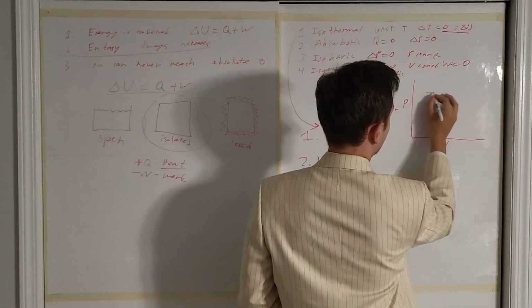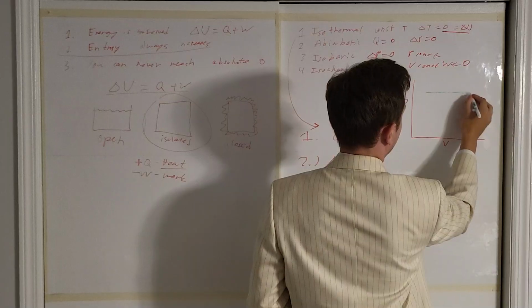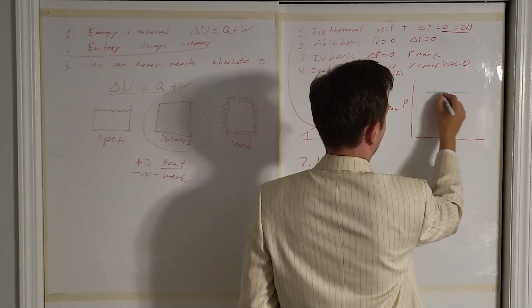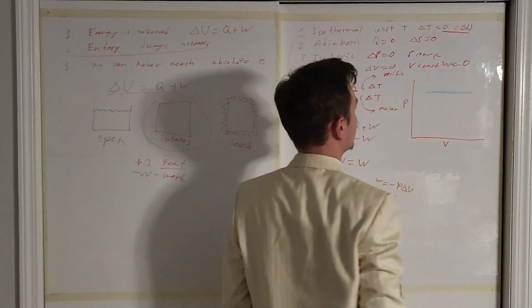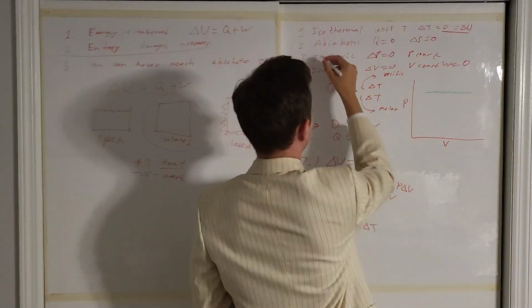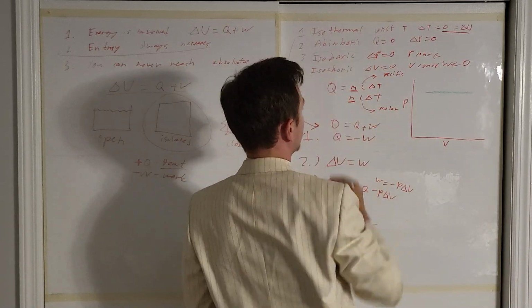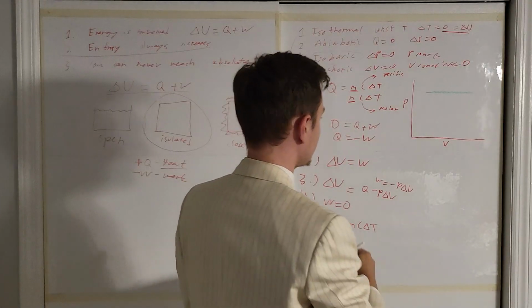It's going to look like this. I hope that shows up well on camera. I like to use very thin markers, just for my personal use of this whiteboard, and the thicker ones show up better on camera. So this is green. This is the isobaric process. Okay, it's going to be a flat line on the PV diagram.